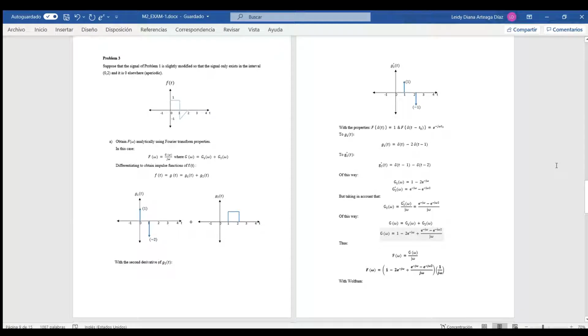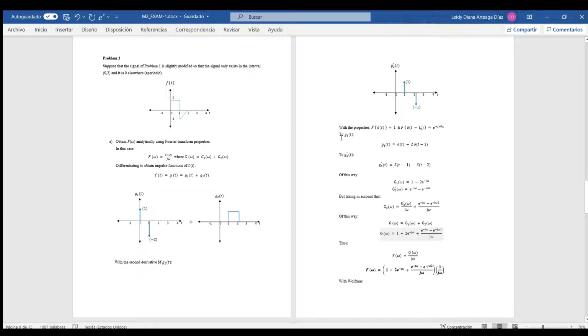In g1(t), two impulses were obtained: at 0, an impulse of 1, and at 1, an impulse of negative 2. In g2(t), the derivative of t minus 2 is 1, represented by a unit step.